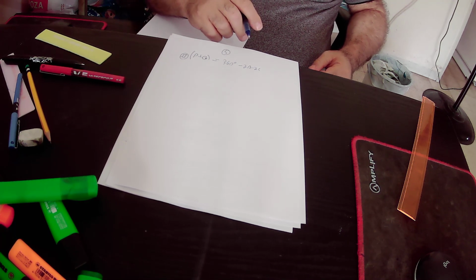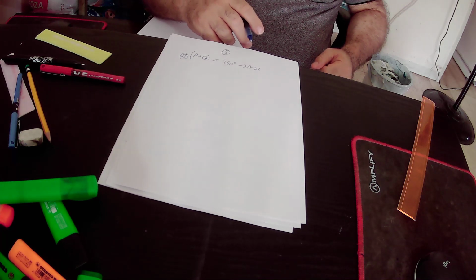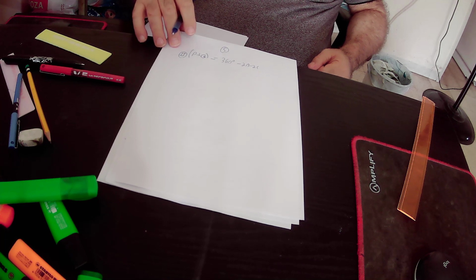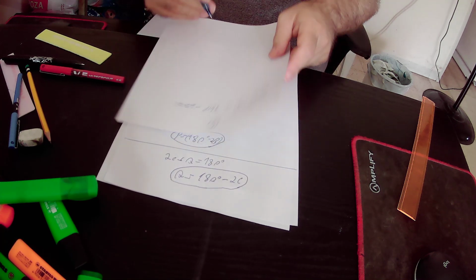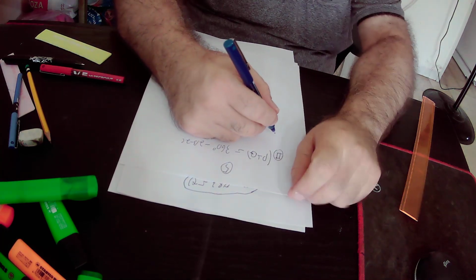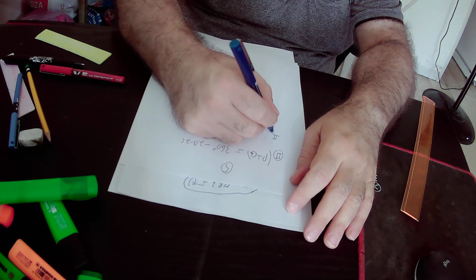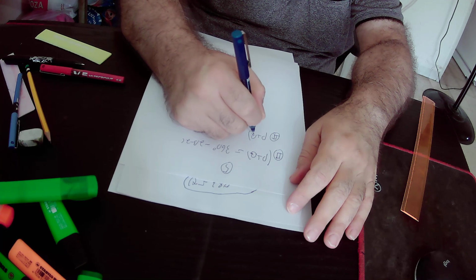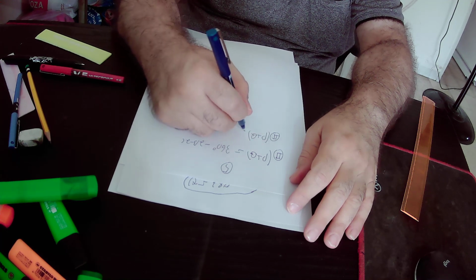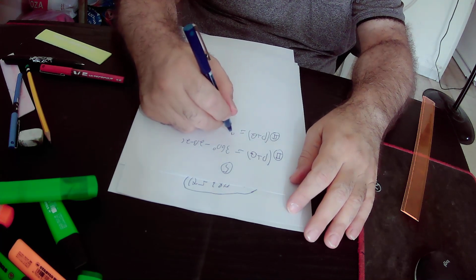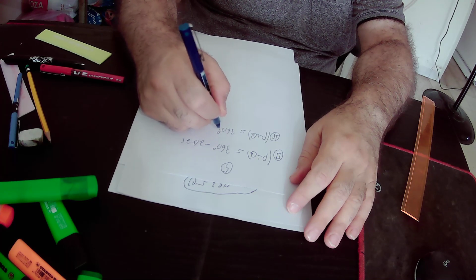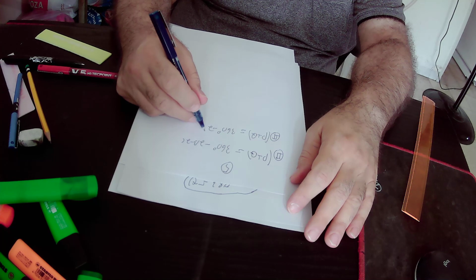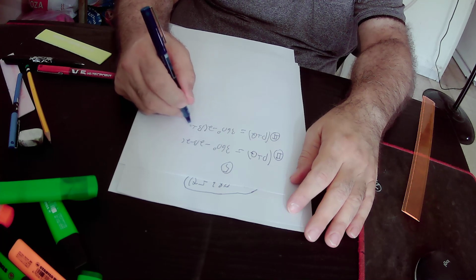Here we will take minus 2 as a common factor of this expression, and we will get that P plus Q equals 360 degrees minus 2, in the brackets we will have B plus C.